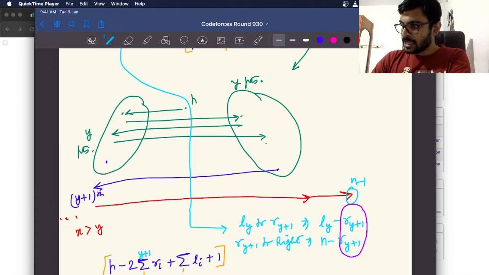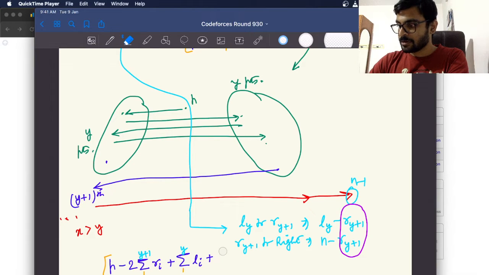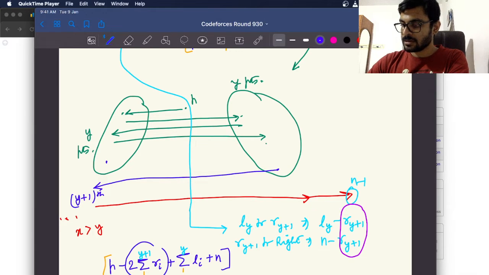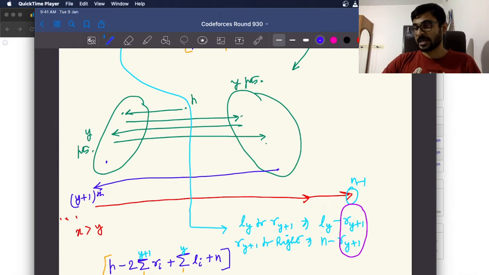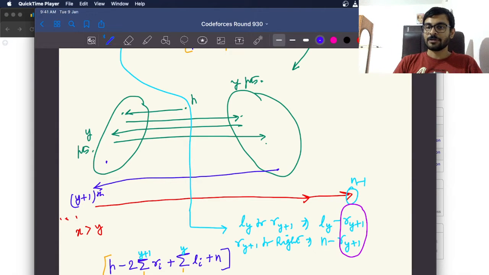And the Li's are the same, they are present in Y. And now instead of plus 1, you will have a plus n coming over here. One extra minus term over here, or twice you can say, and plus n at the end. So this is how for different cases you can find it.